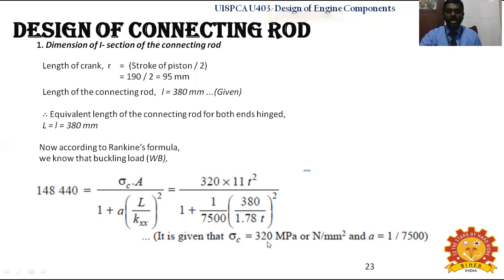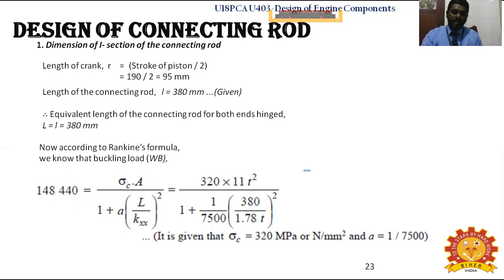And sigma c is also given in the problem as 320. That is substituted. Area we already calculated as 11 t square, and the kxx value you had calculated as 1.78 t. With that substitution you make the calculation to identify the unknown t value. So now the only unknown is t. Using this Rankine formula, you can identify t.